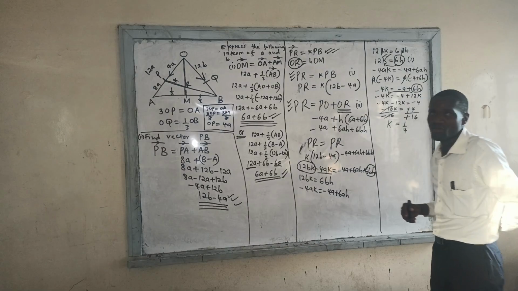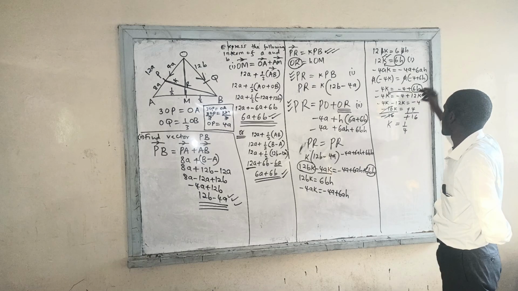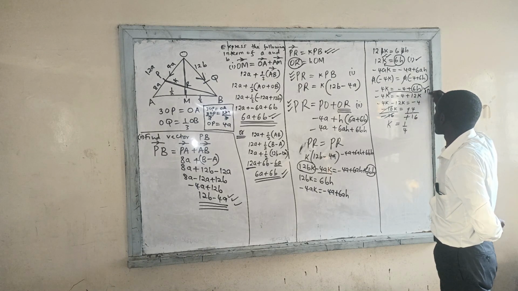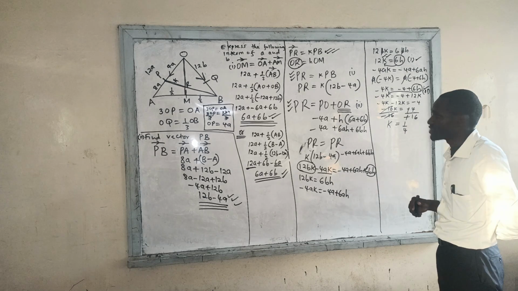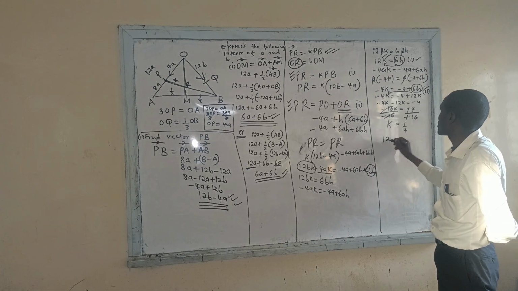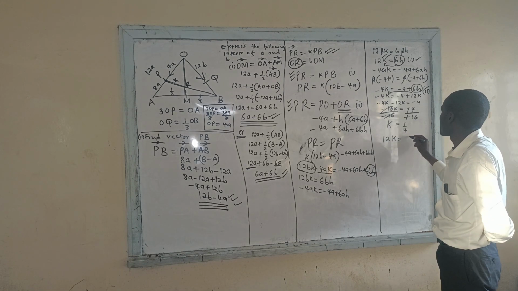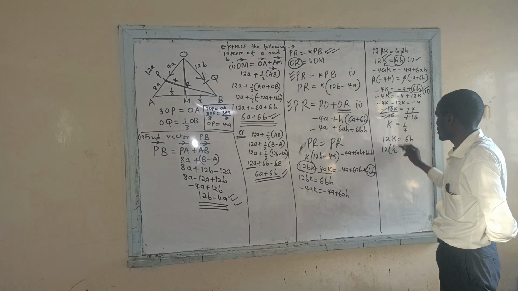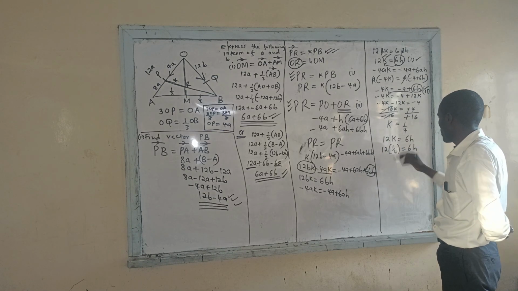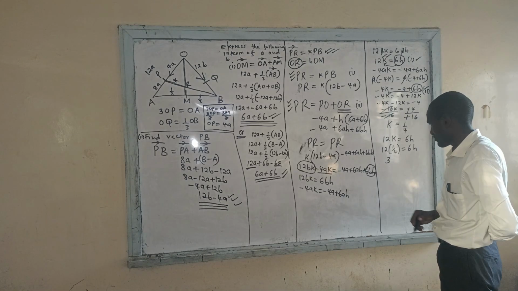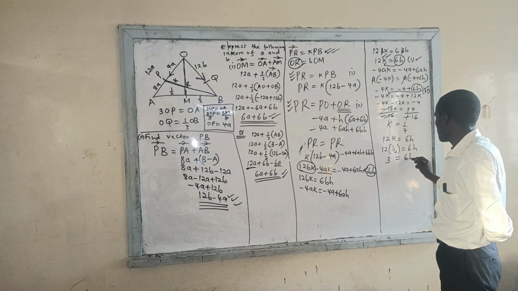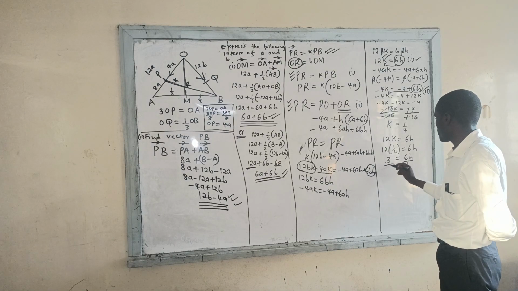Once you know our K is a quarter, we shall take any of these, either this or this, and get the other value. This is now the value of H. Let me pick the first one. I know 12K is equal to 6H. Do I have K? Yes. So 12 into a quarter is equal to 6H. So that means 3, correct, 12 times a quarter should be equal to 6H, divided by 6, divided by 6.